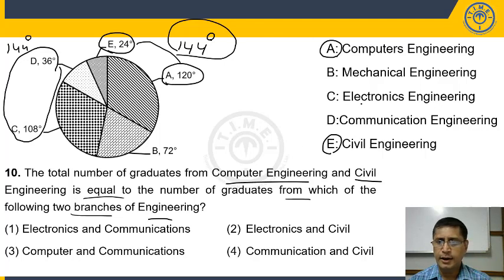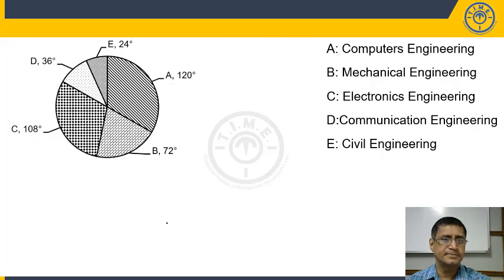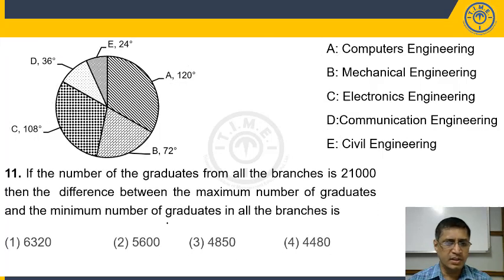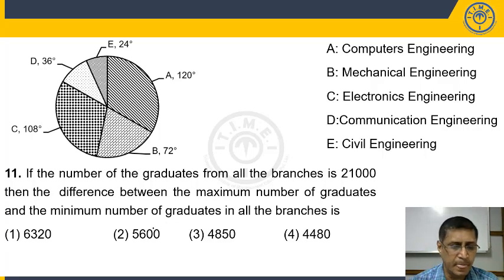C and D. Electronics engineering and communication engineering. So what is the right choice? Option 1. Right answer is choice 1. Okay. Now look at the next question on your screen.